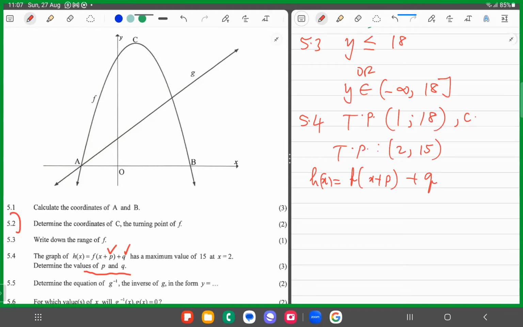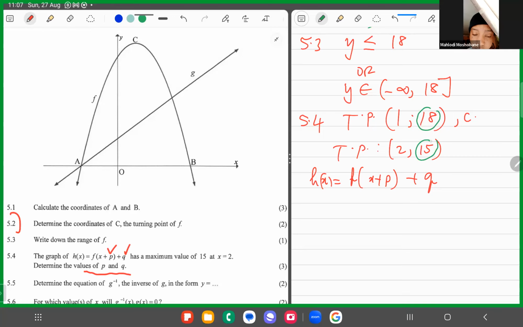Now you need to think very carefully here and do the correct substitution, because let's look at the y values. The function h is a transformation of g, but we have added q.